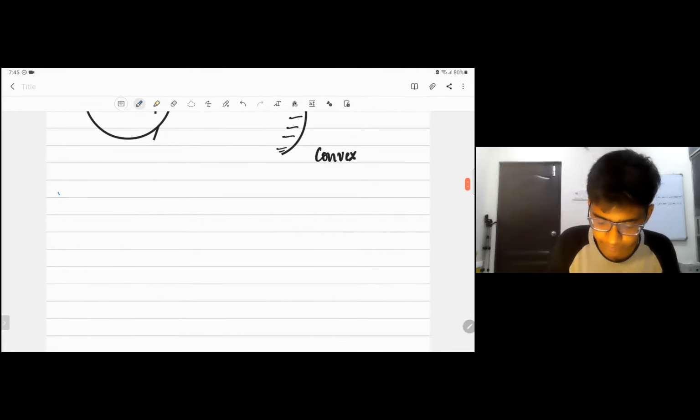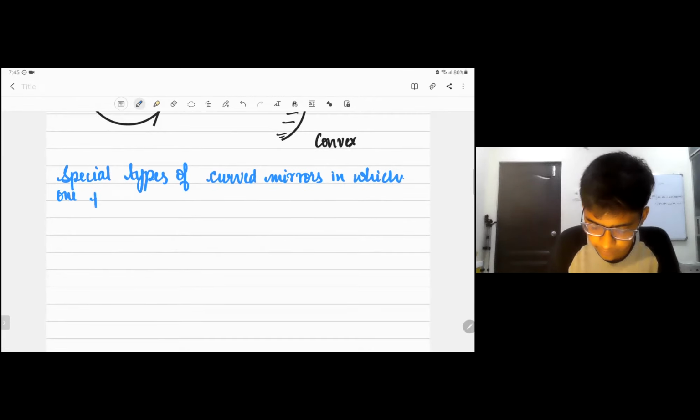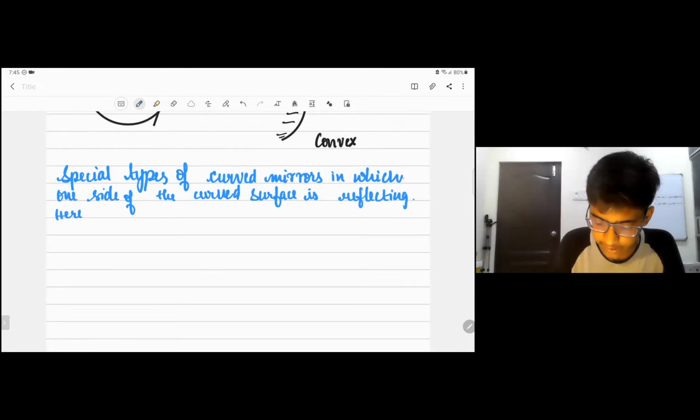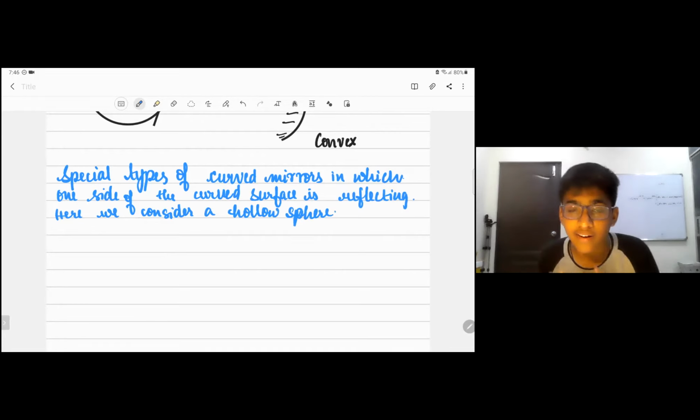These are special types of curved mirrors in which one side of a curved surface is reflecting.